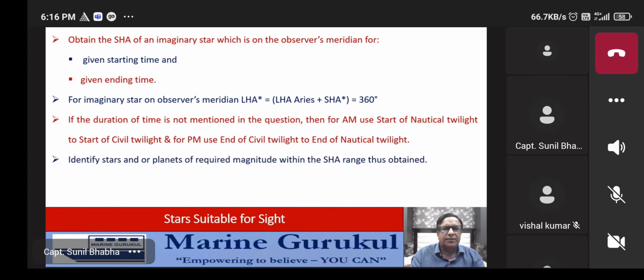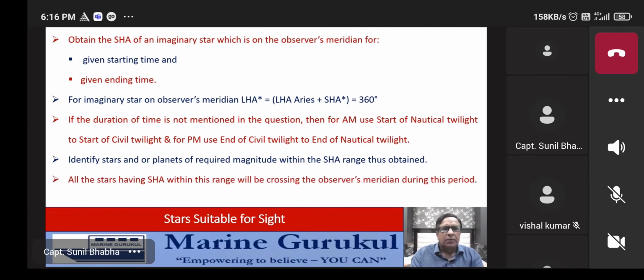We can identify the stars and planets within the SHA range thus obtained, corresponding to the magnitude of stars and planets that is given in the question. Now, all the stars within this range shall be crossing the observer's meridian during the given interval.